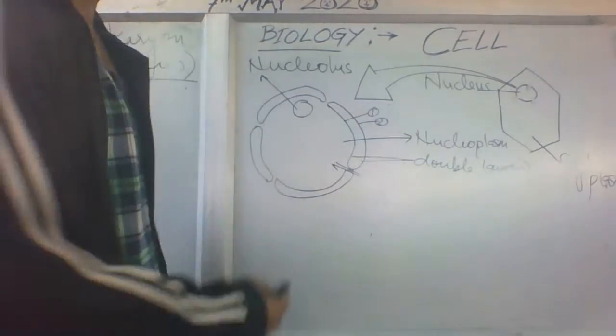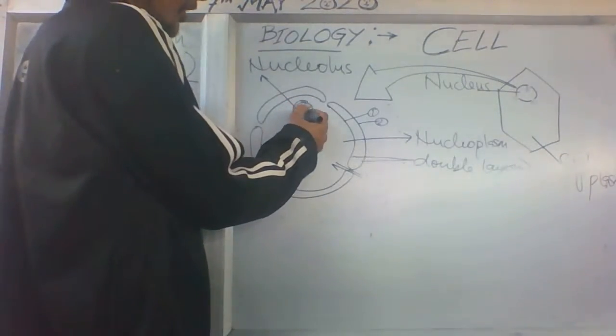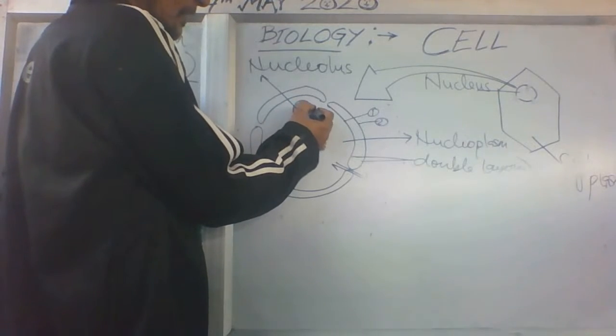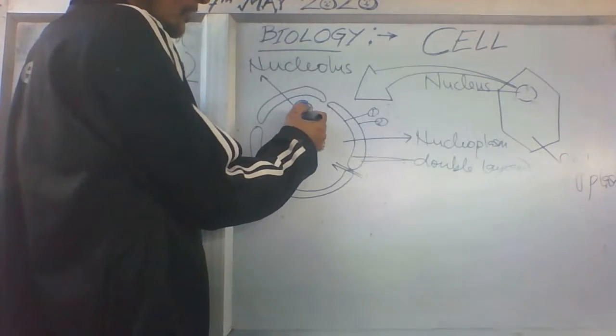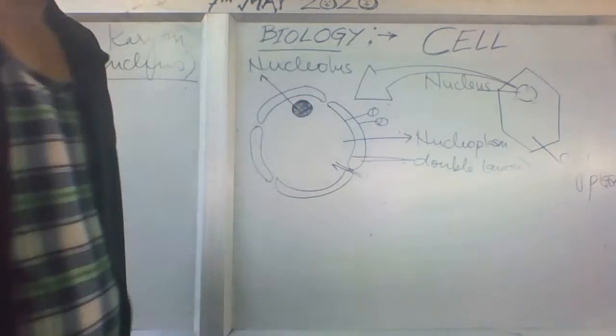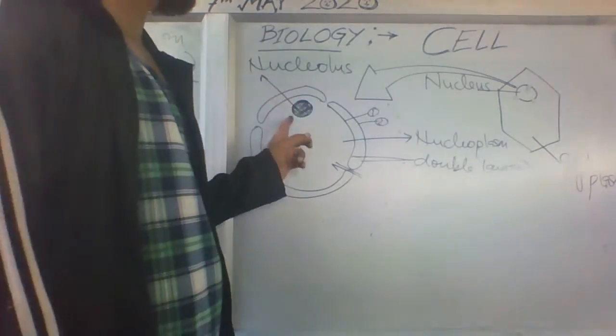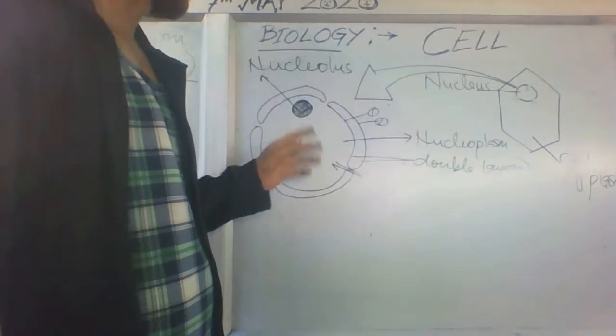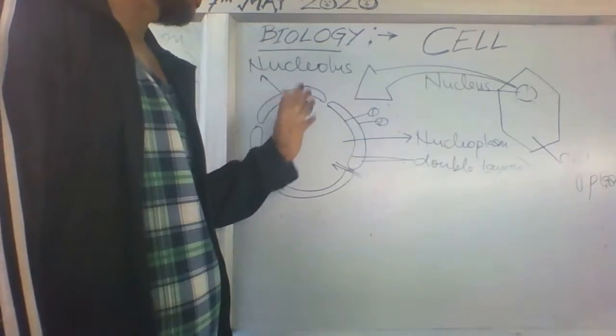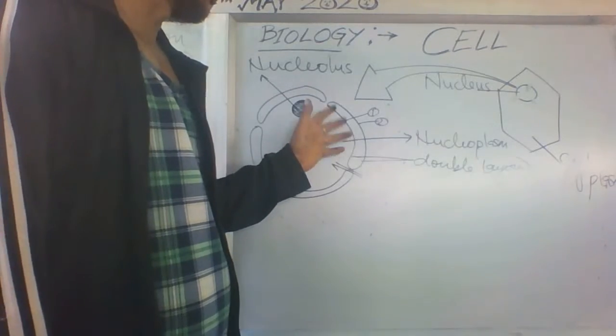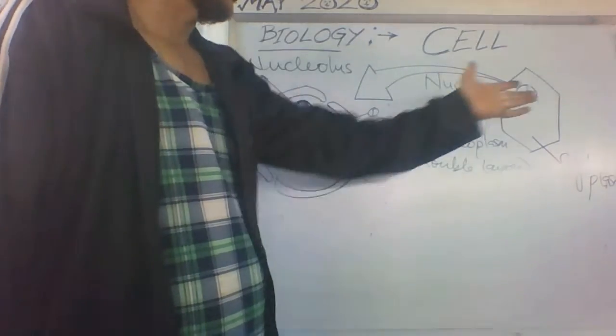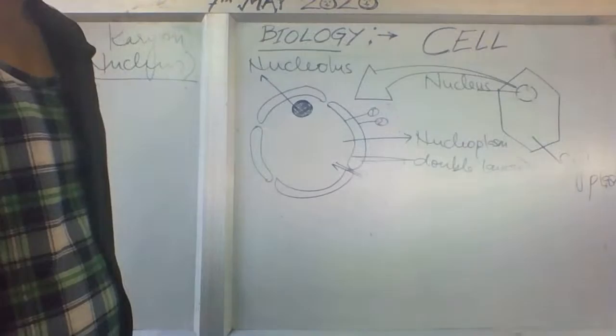Inside the nucleus, there is also a small organelle which is circular in shape, called the nucleolus. This is also the most important part of the cell. If there is no nucleolus, no nuclear membrane, no nucleus, then no existing cell can be found.